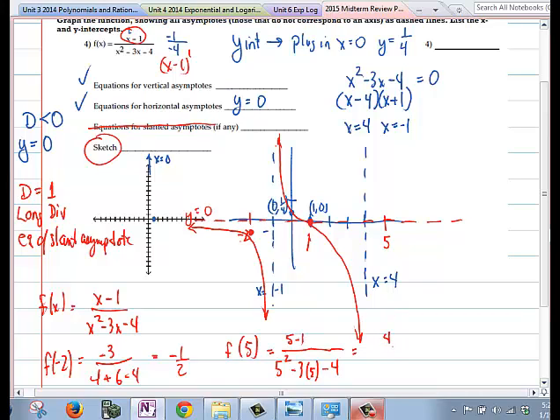We get 4 over 25 minus 15 minus 4, which gives me 4 over 6, which is 2/3, which tells me it's a positive value. So the function has to look something like this. It cannot cross through the x-axis, because I only have 1 zero that I found, and that was right here. So that's how the function looks.